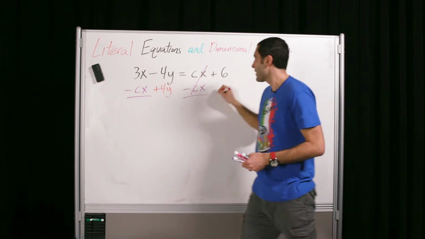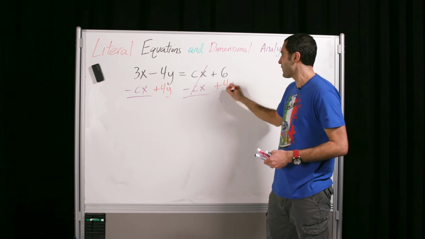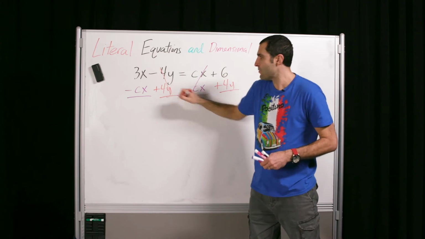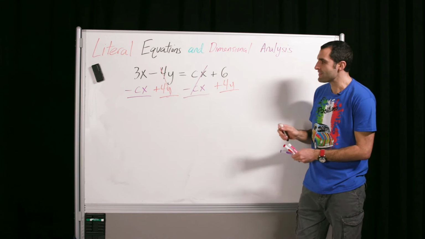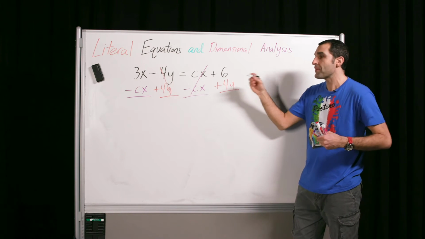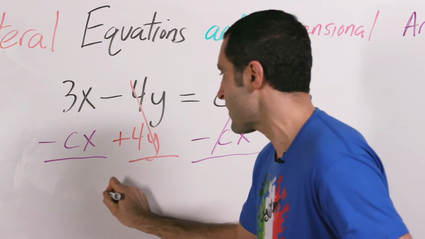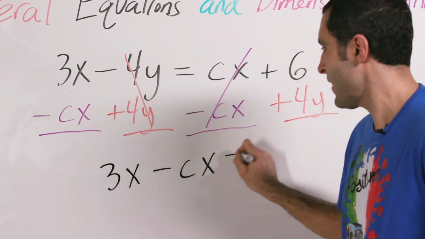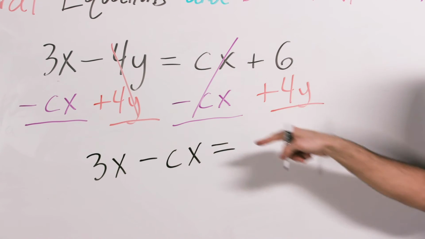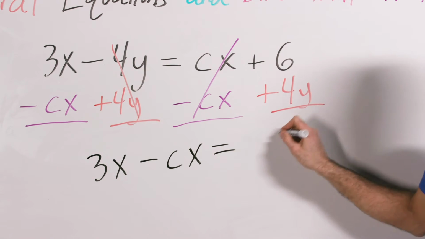Bring that over. Plus 4y, bring it over. Boom. Okay. Let's see what's left as the dust settles. 3x minus cx equals, all that's gone, this is gone, 6 plus 4y.